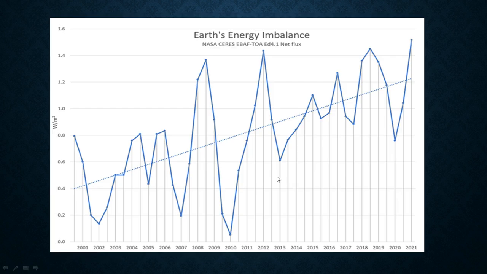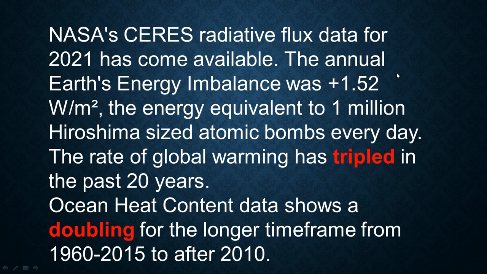So here's the Earth energy imbalance. Again, seasonal differences being reflected. Watts per square meter. It goes from 0 to 1.6, and you can see that it is increasing, and the slope of this fitted line is this value.